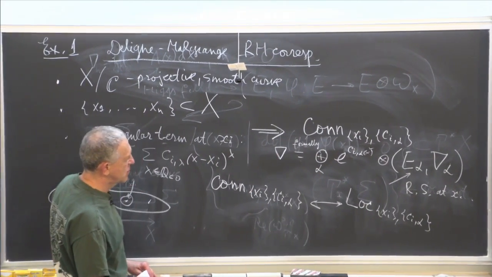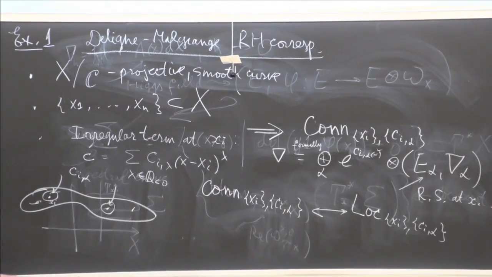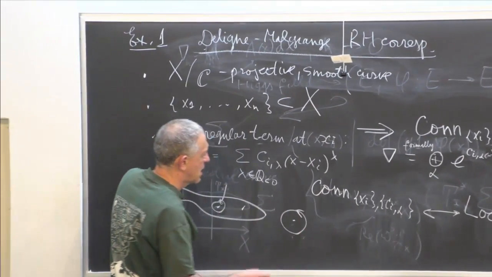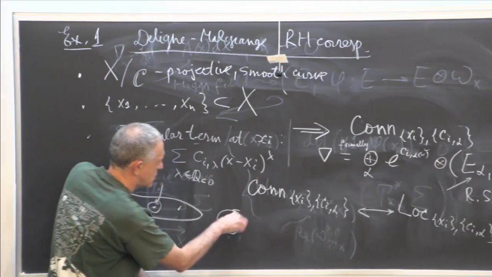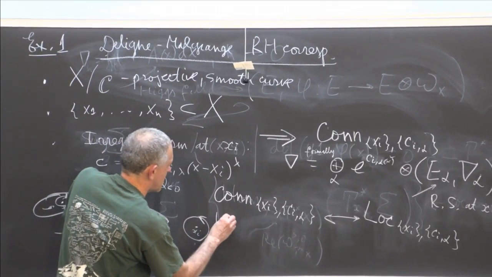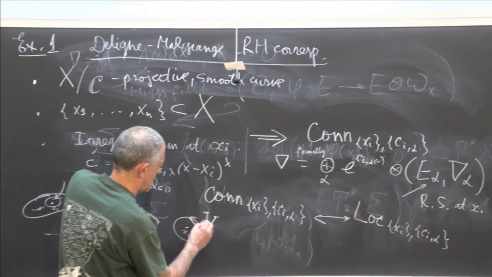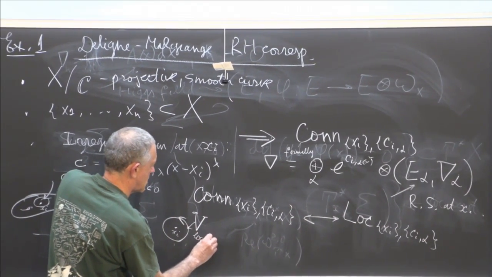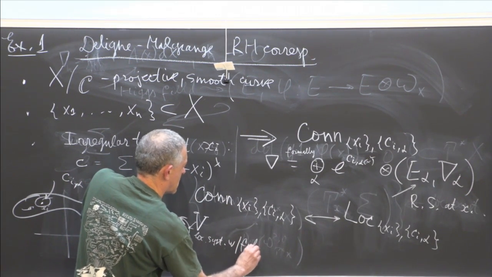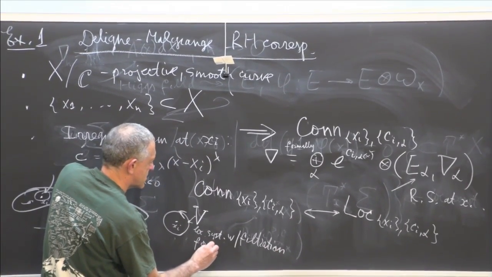the category of local systems on the punctured curve, such that if we restrict it to a small circle about the singularity, then this will be a local system with a filtration for every direction.